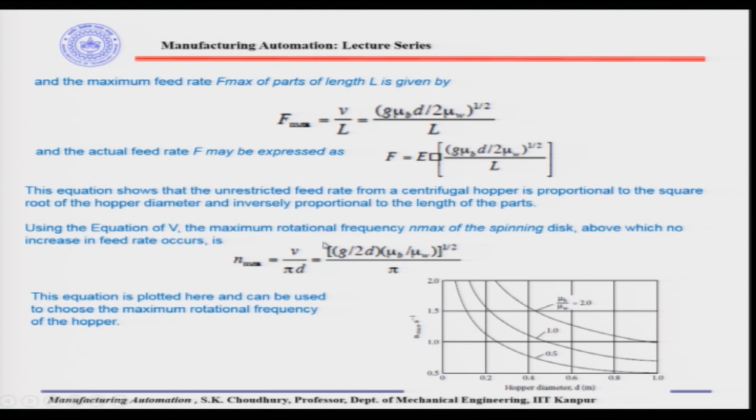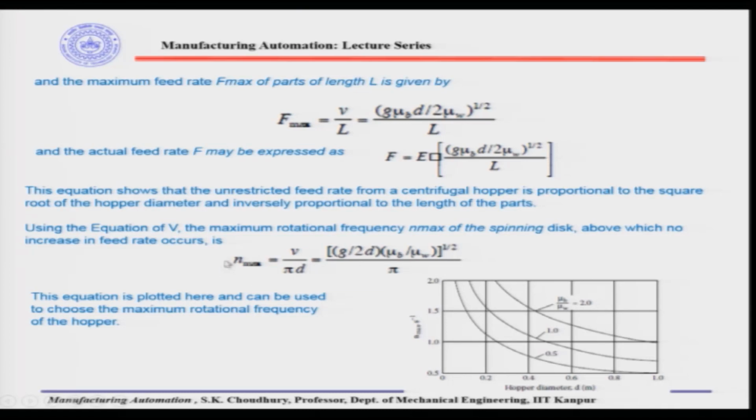Now, using the equation of V that we have stated, the maximum rotational frequency N max of the spinning disc is the frequency above which no increase in the feed rate occurs.